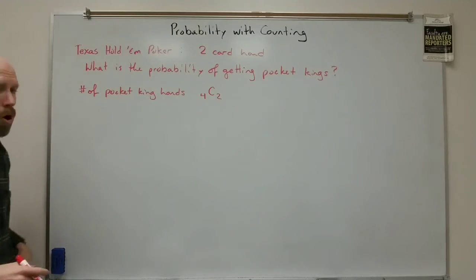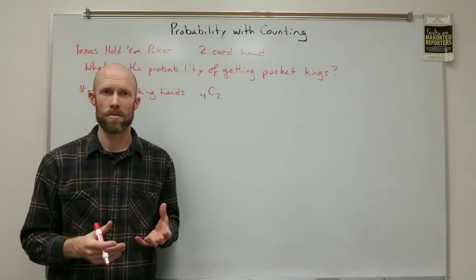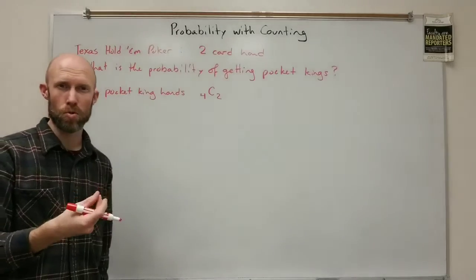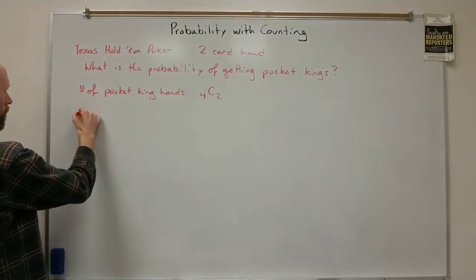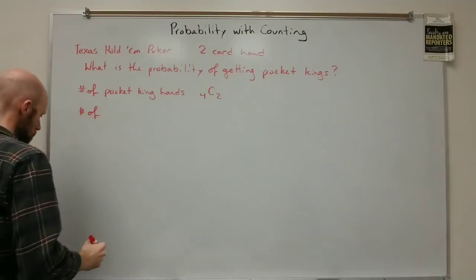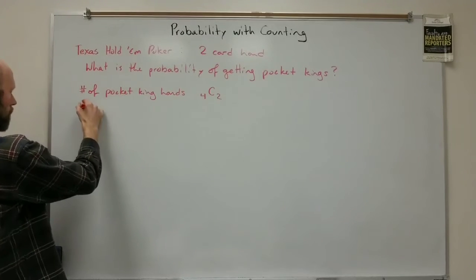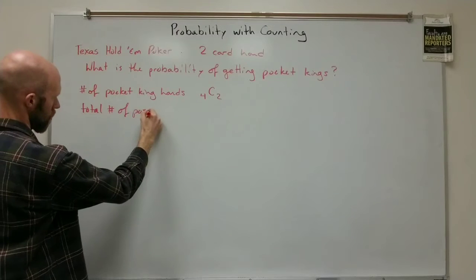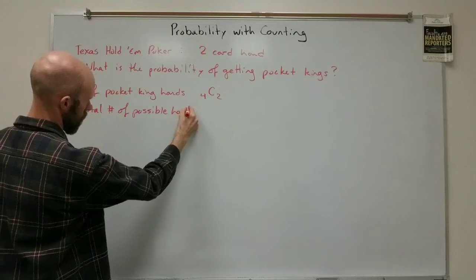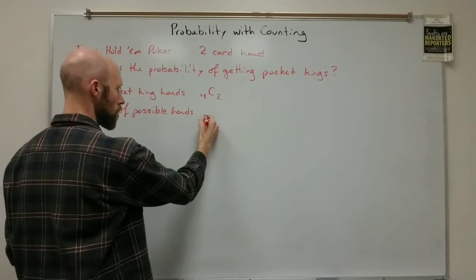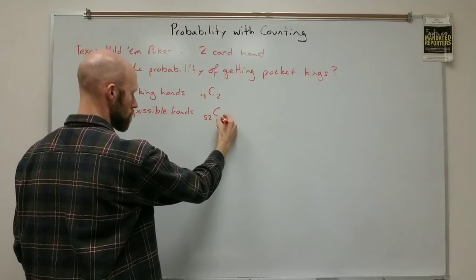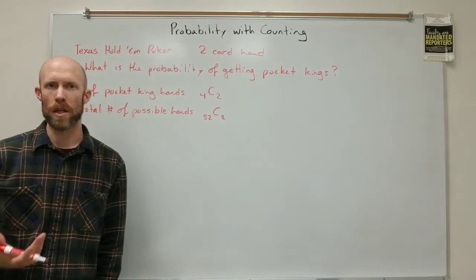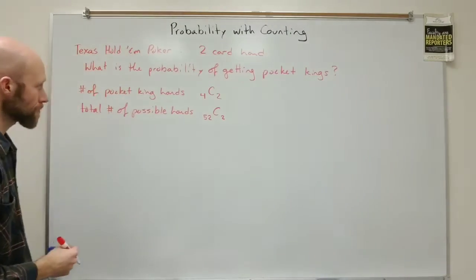The total number of possible hands in a Texas Hold'em game, at least the 2 cards that you're dealt, well, there's 52 cards, choose 2. 52 choose 2, right? Again, the order in which you get those cards does not matter.